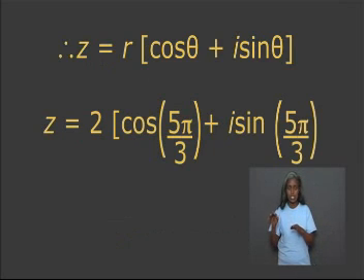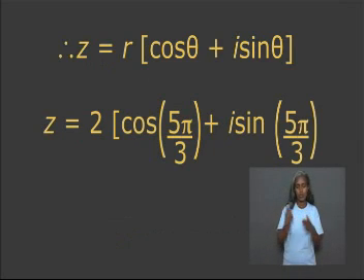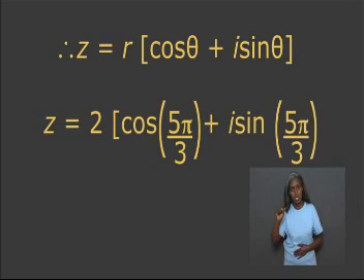Substituting the proper values, we find that z equals 2 times cosine 5 pi over 3 plus iota times sine 5 pi over 3. If you managed to solve this problem, you have done an excellent job.